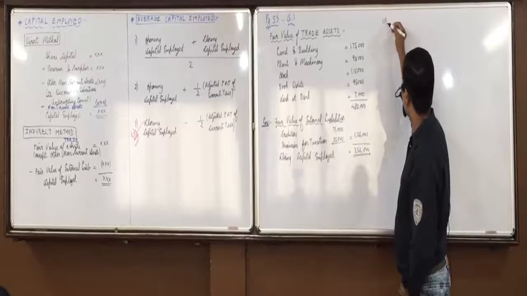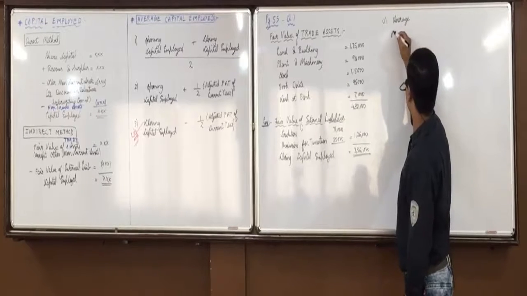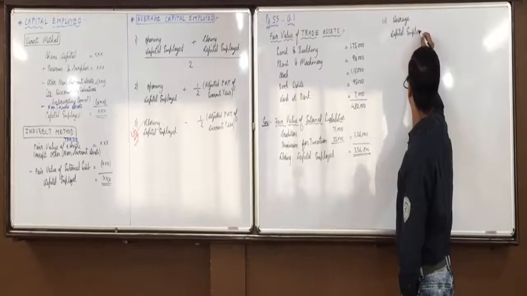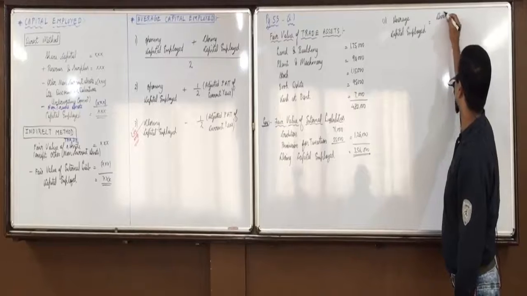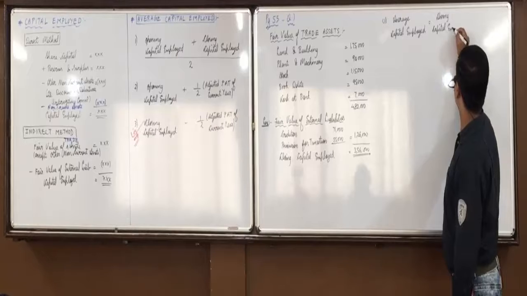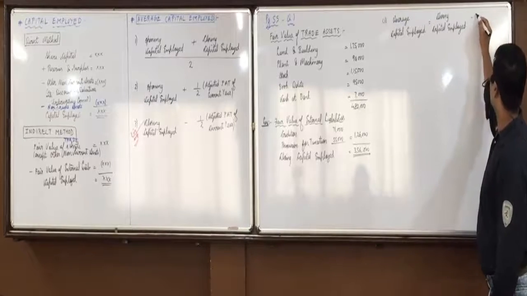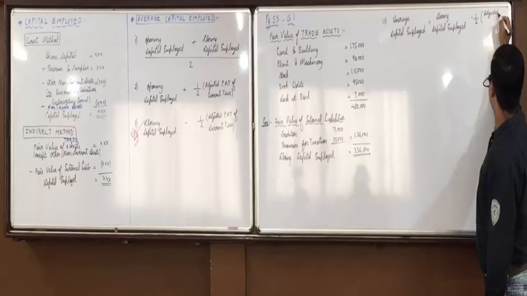In the first situation, write down: average capital employed is equal to closing capital employed minus half of adjusted profit after tax of current year.